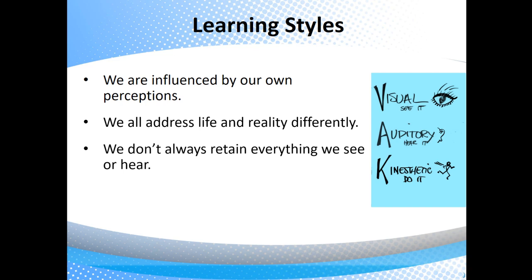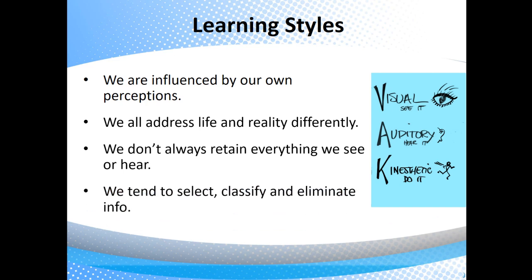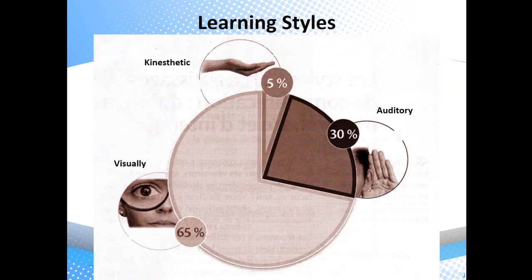So we really tend to classify, or select I should say, and eliminate info based on that. So we select what information we like the most. If it's visual, we select to watch more or retain more what we see than what we hear or what we touch. In general, numbers read out this way. Visually is 65%, auditory is 30%, and kinesthetic is 5%.